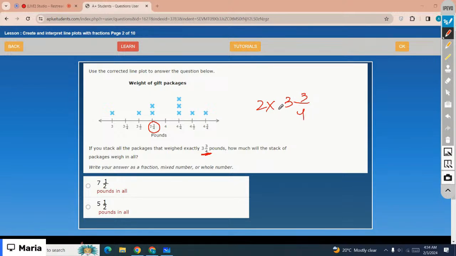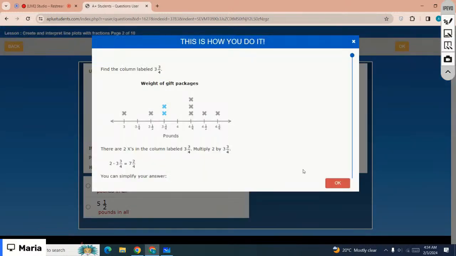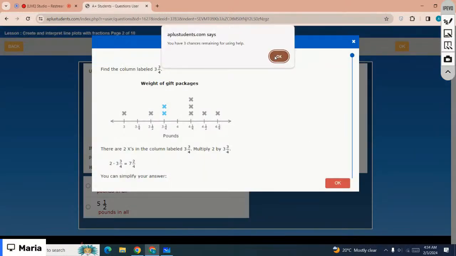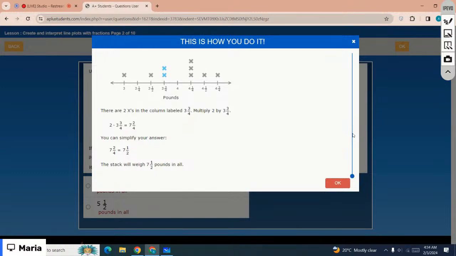Got it? 2 times 3 is 6. Wait, how is it 7 whole 2 over 4?